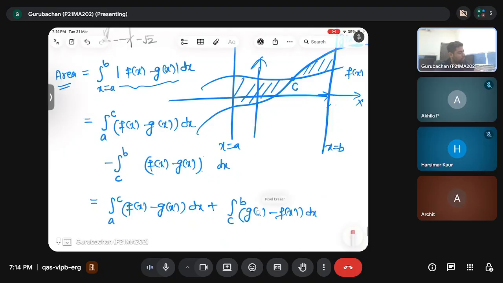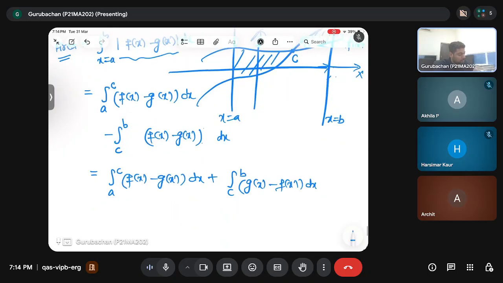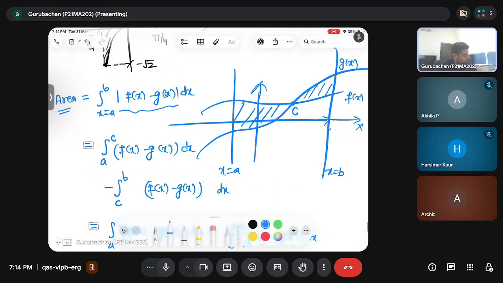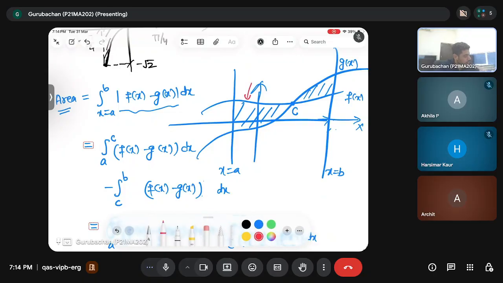So why did I tell you like this? Because this is nothing but, for some limit, say e to f, upper curve minus lower curve. What is the upper curve here? This one is the upper curve, and this one was the lower curve.